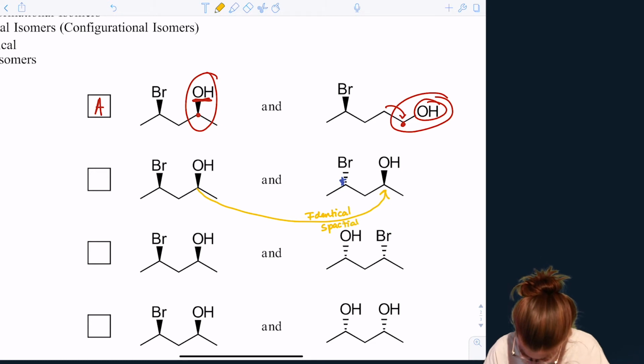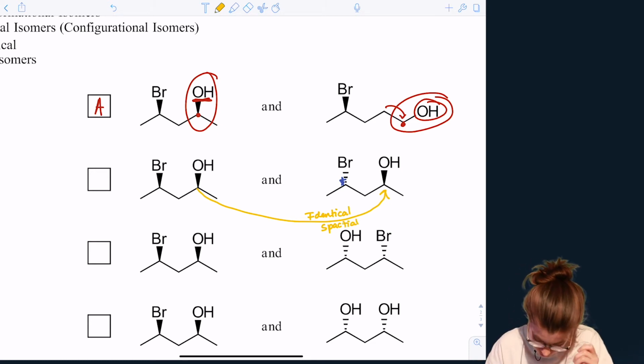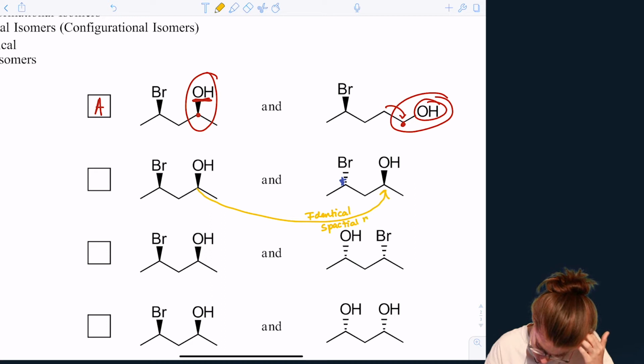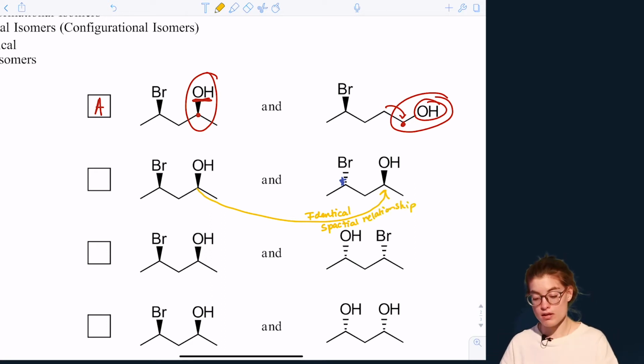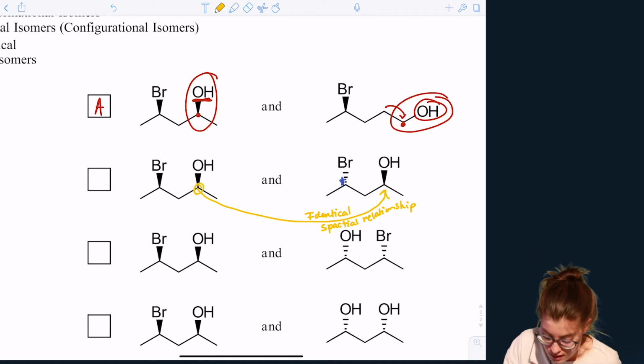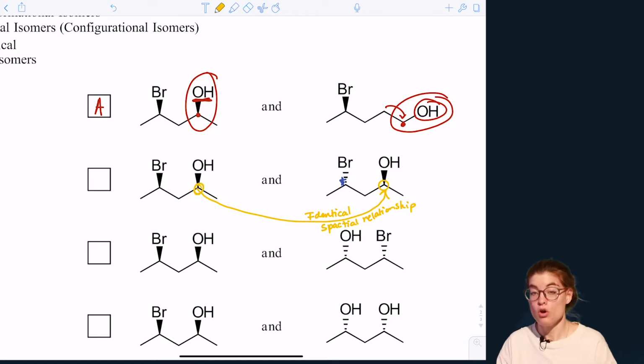Identical spatial relationship. Now I could go and figure out the R and S, the absolute configuration for all four of these chiral carbons, and then I could compare those, but I don't need to because I can just do it visually. So this chiral carbon and this chiral carbon will have the same absolute configuration. I don't know if that's R or S, but I know it's going to be the same.